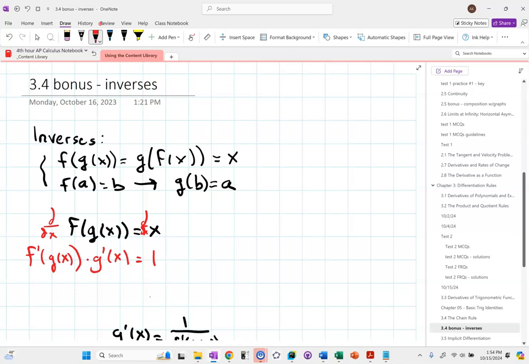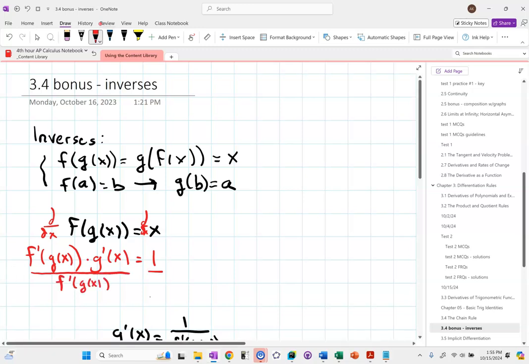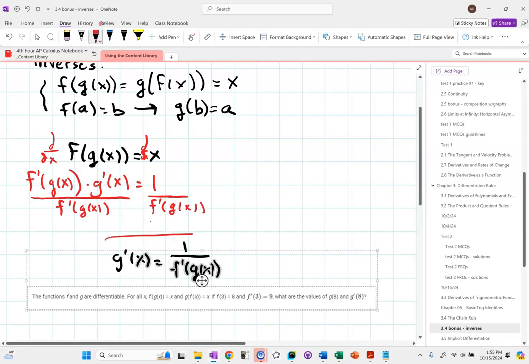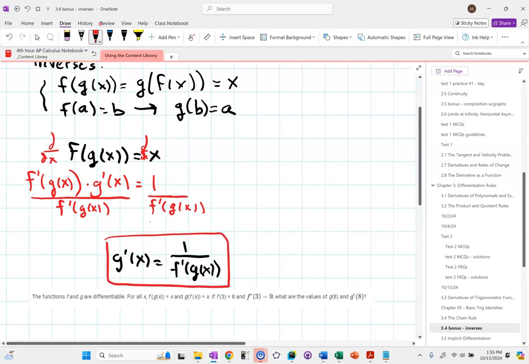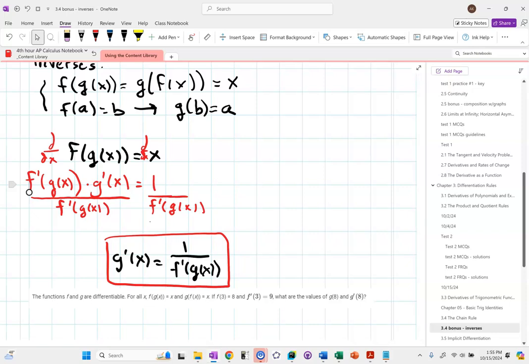Everybody feel okay there? And if I divide now both sides by f prime of g of x, so the derivative of the outside, what I'm left with is like a formula for g prime. Does that feel okay there?